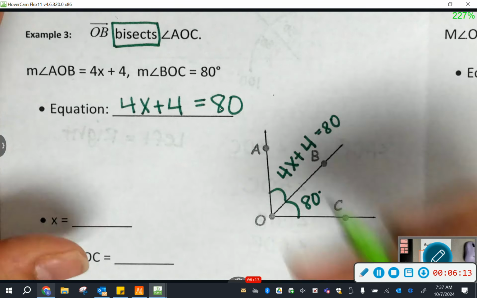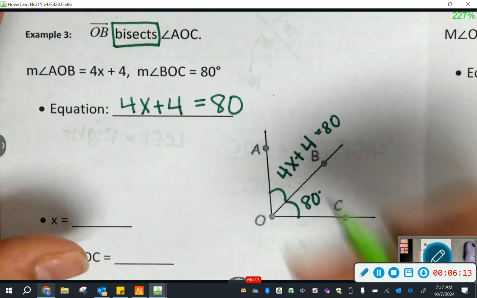So we could replace x, but don't we already know what's this angle? So replacing x would be basically for me to check. What is 4x plus 4? I'm just going to make sure that works. 4 times 19 plus 4. Did I get 80? Yeah. So I know I got it right.